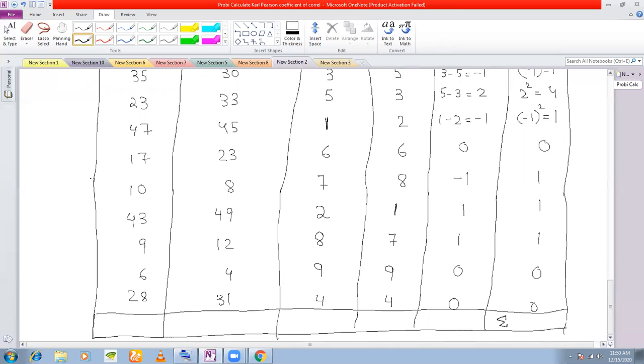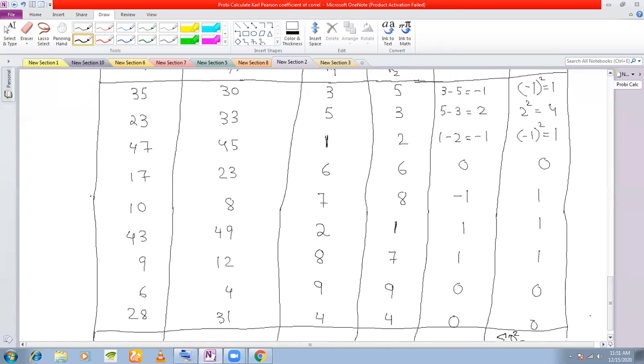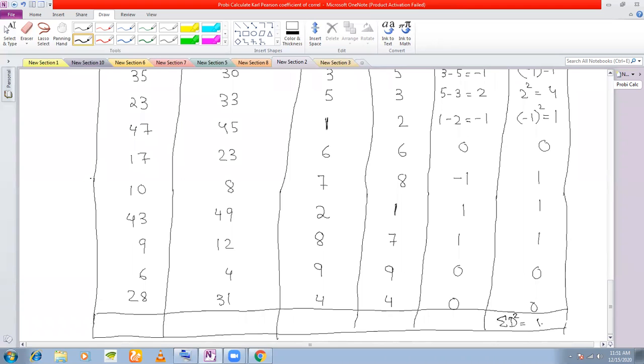This is summation D square. Summation D square, you add up, you get 12.